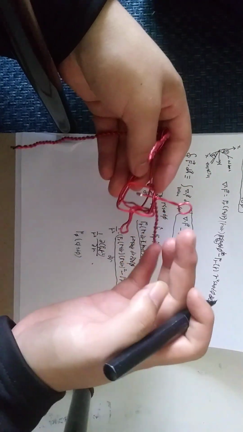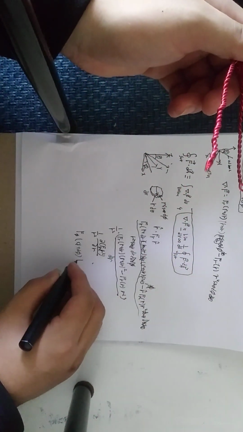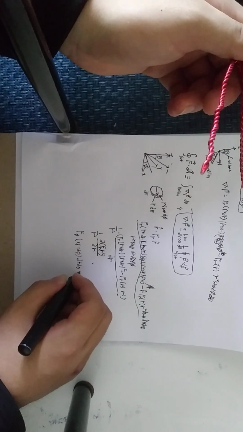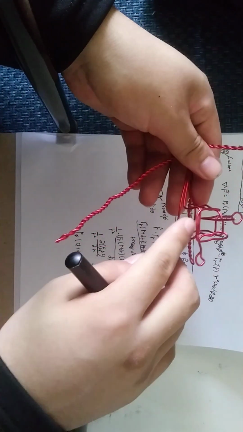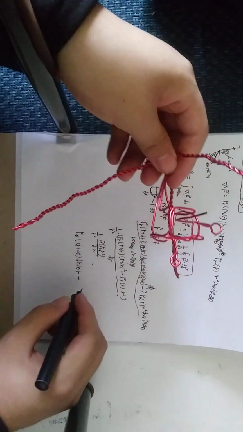So the volume element is dr plus d theta times r, minus, now this decreasing theta unit vector pointing this direction.